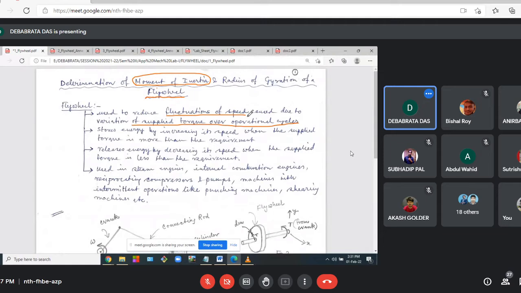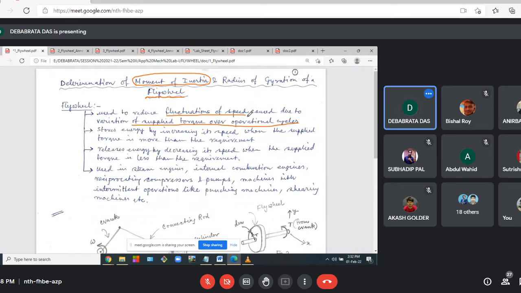If the applied torque is not constant, the speed of the machine will reduce or increase depending on whether the applied torque is more or less than the required torque.